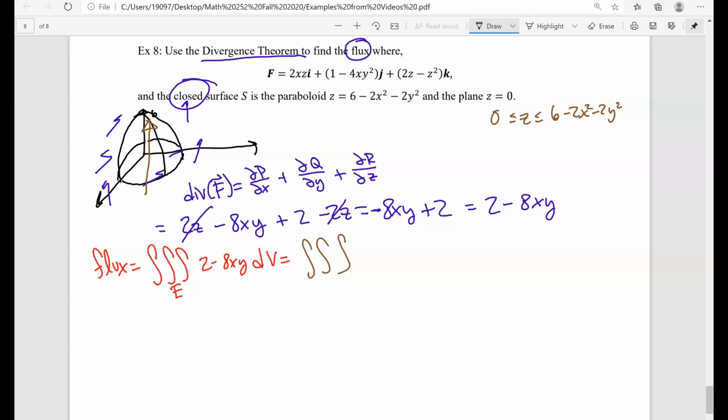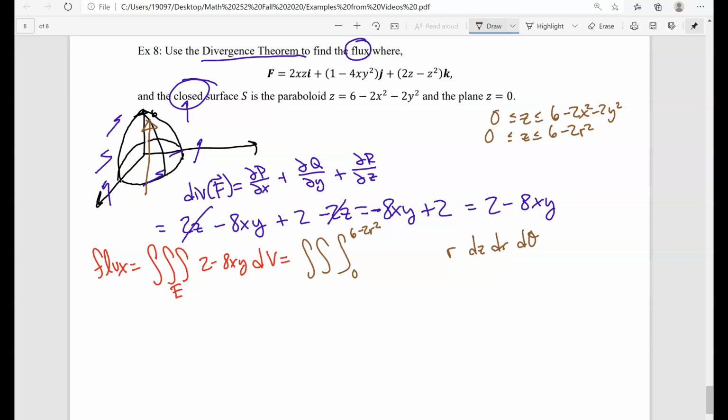Converting to polar would be really nice. So z goes from 0 to 6 minus 2r squared. Because we converted to polar, we're going to have an r dθ and a dz for our third component.